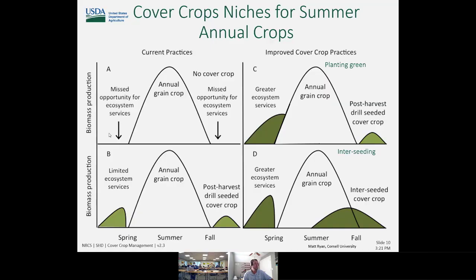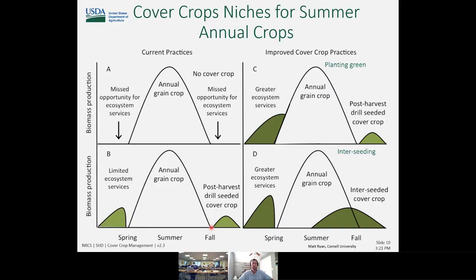So we can move on to actually sliding into B. We're working with this producer, and I would think about this producer as possibly being someone that is early in transition to the use of cover crops. So this would be a good opportunity for them to ease into this transition. We still have our annual grain crop planted during the summer, but we came in after the harvest of this annual grain crop and then post-harvest drill seeded that cover crop.